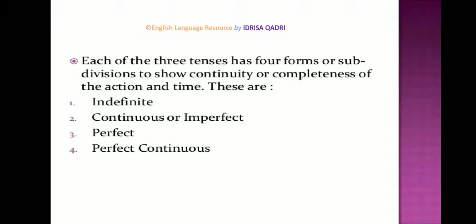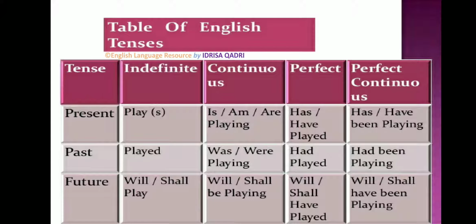Each class of tense is further subdivided into four categories depending upon more clarity of action being done. These are indefinite or simple, continuous or imperfect, perfect, and perfect continuous. Here we have the table of English tenses given.